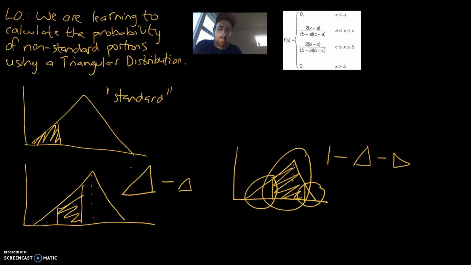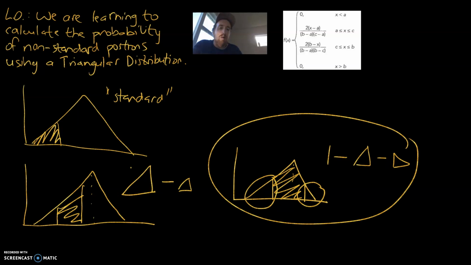That'll give us the leftover portion in the middle. So we're going to go over one example that focuses on this type of question, where we've got a central portion, and we're going to calculate the left and right portions, the tails or ends, and then the middle portion will be 1 minus those two tails.